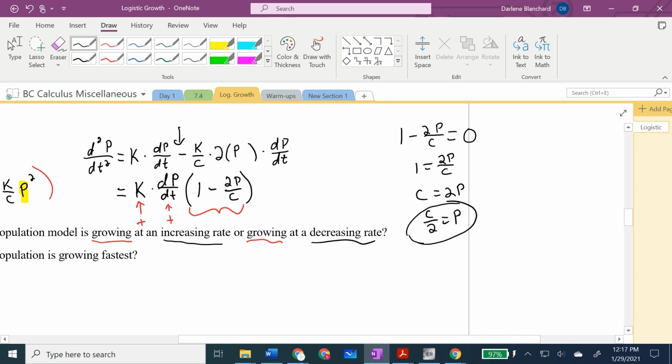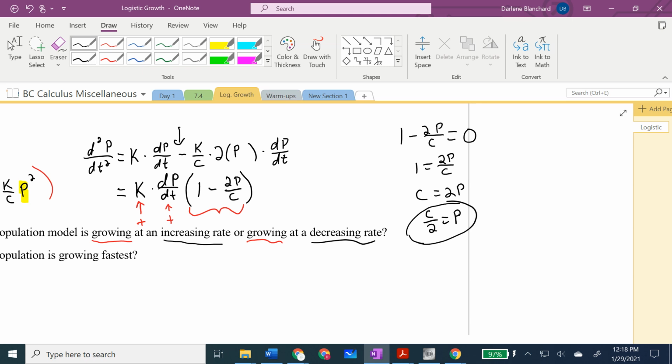And now think about what that is saying. When population is at half of its carrying capacity, you change from growing at an increasing rate to growing at a decreasing rate.